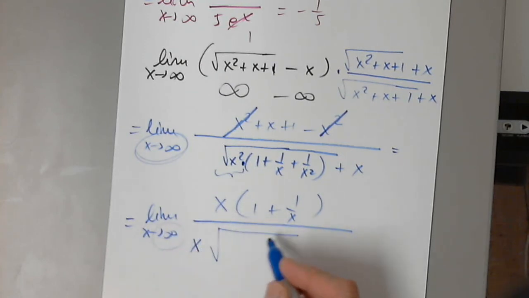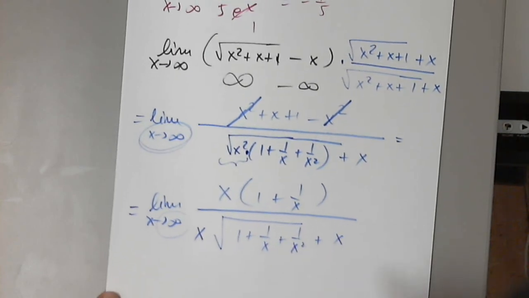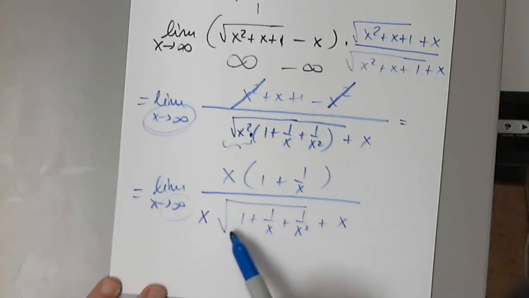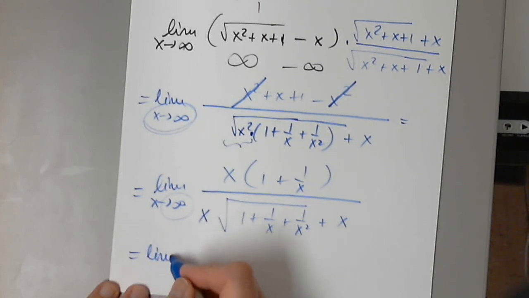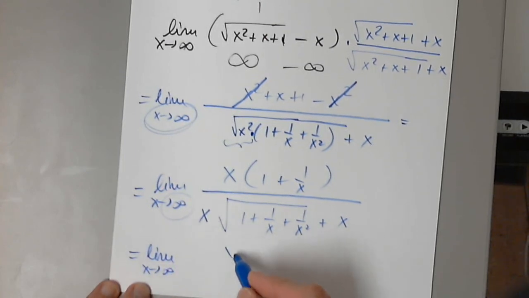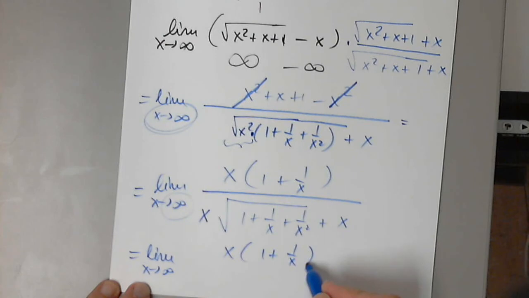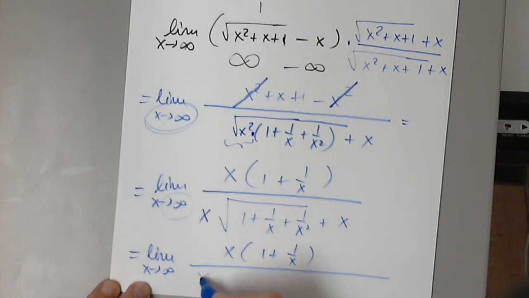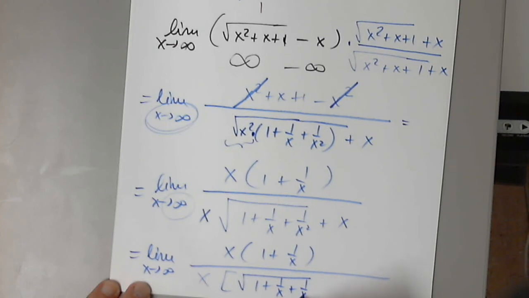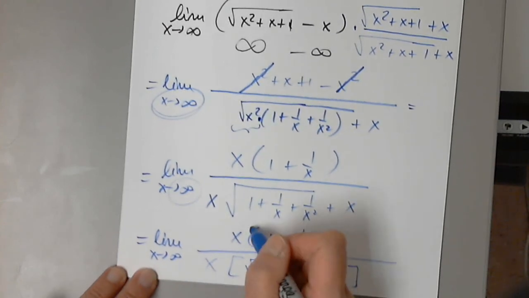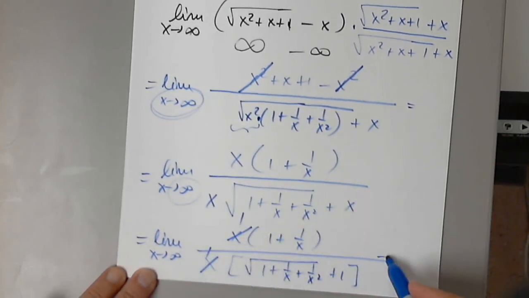And then the square root of 1 plus 1 over x plus 1 over x squared and plus x. And you see the common factor goes out. And that's exactly what we wanted to get rid of.